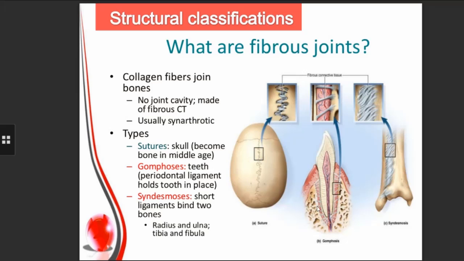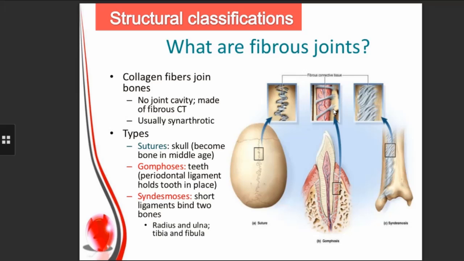This one is the type of gomphosis, means teeth. The example is the teeth, where the periodontal ligament holds the tooth in its place. You can see that there are ligaments, fibroconnective tissue here that hold the tooth in its place.